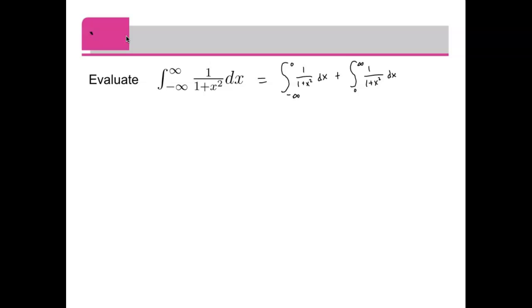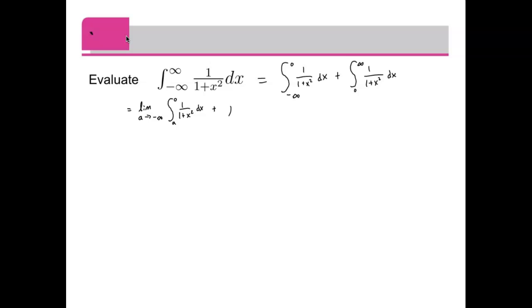And then we're going to rewrite our infinities using variables. Let's do the limit as a approaches negative infinity of the integral from a to 0 of 1 over 1 plus x squared dx.